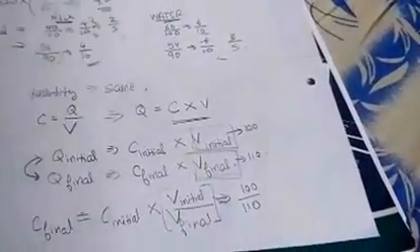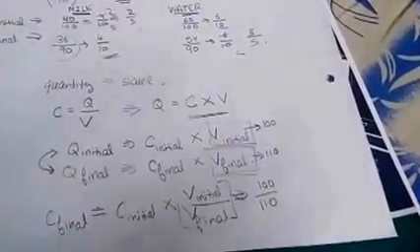And see, here we can even see that this fraction would be less than 1, right? So the initial volume was 100 and the final volume is 110. So you can see that the final concentration would be lesser than the initial concentration, because this is less than 1.